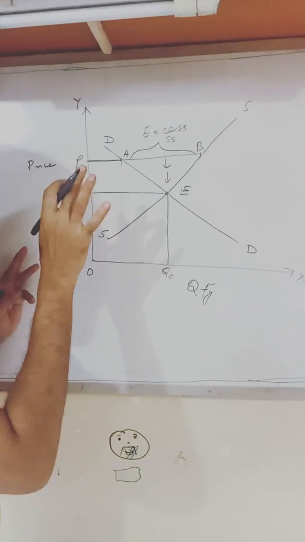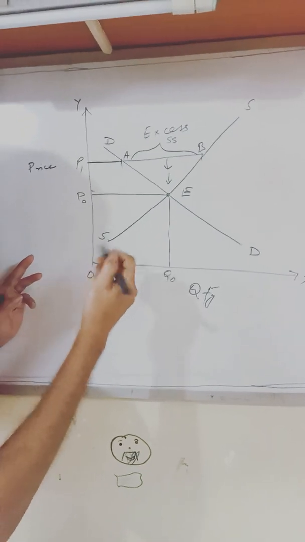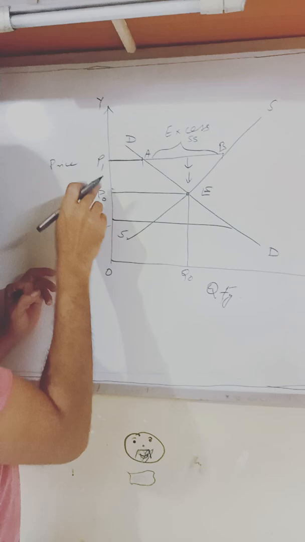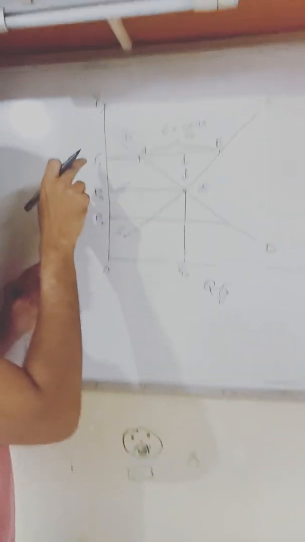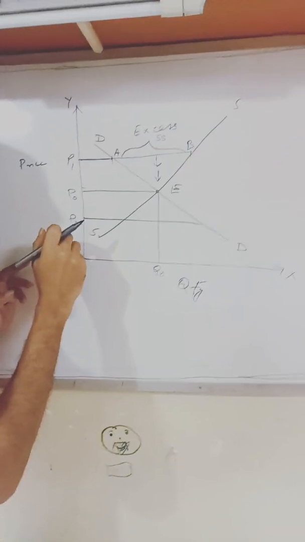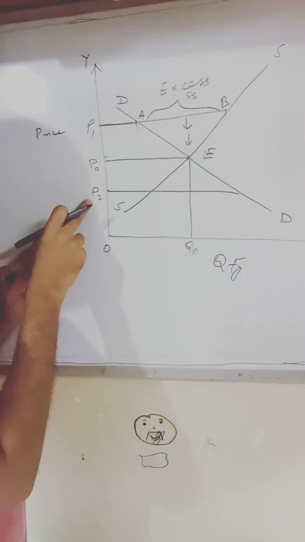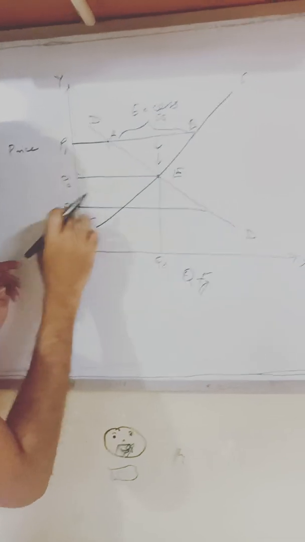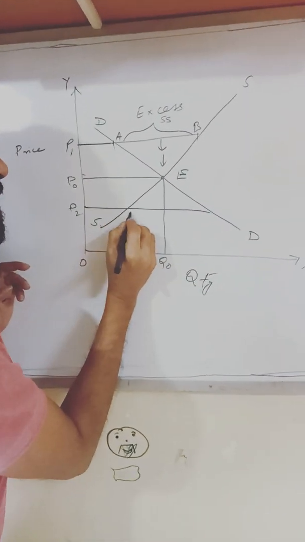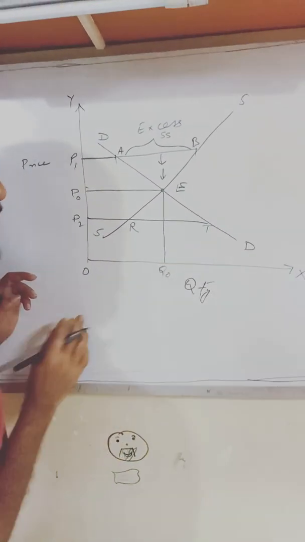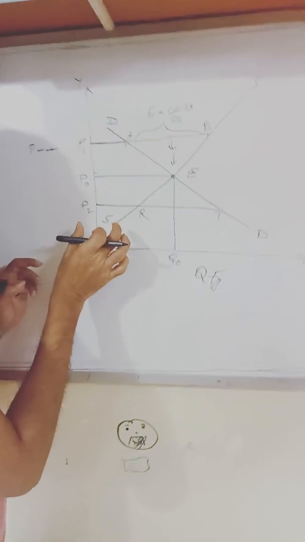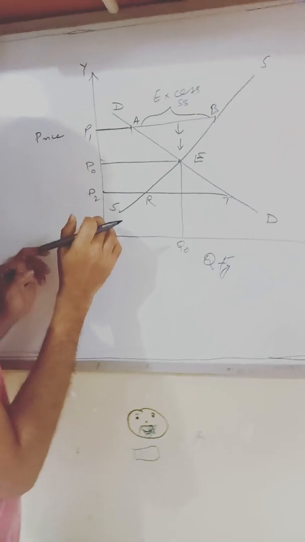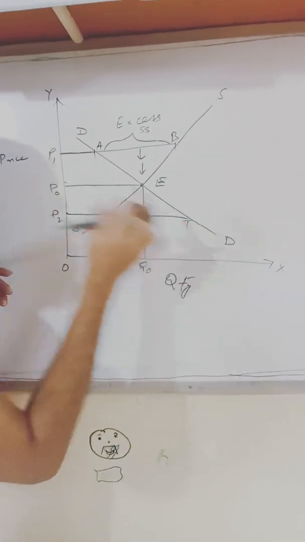This is one part. Now let me consider the opposite of this. This P1 price which I have considered is above the equilibrium price. Now I consider P2, the price which is below the equilibrium price. At this price we find quantity supplied is less, quantity demanded is more. Let this be R and this is T, suppose. Now I find quantity supplied is this much, P2R, whereas quantity demanded is P2T.